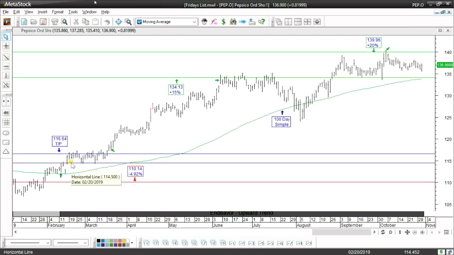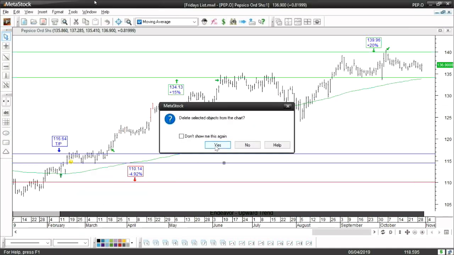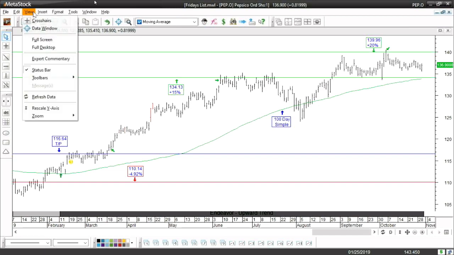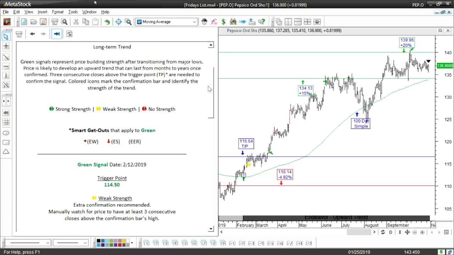So this trigger point, even though we have 3 closes above it, helped guide us so we could say goodbye to this. But with a yellow, we need more confirmation, right? Weak strength, extra confirmation.